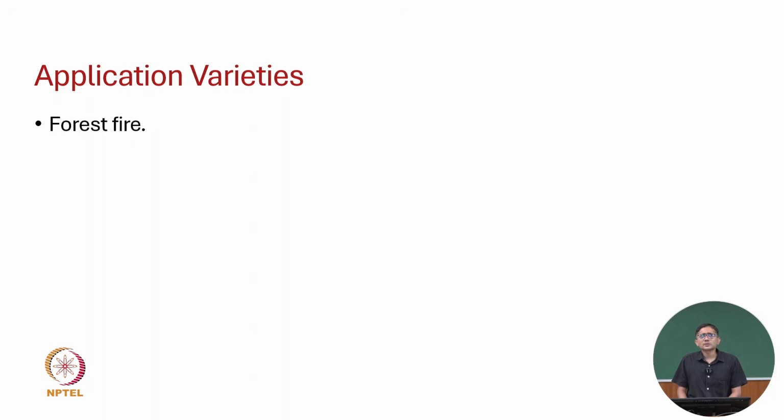There can be also another version of this problem where we are not really talking about an ongoing wildfire, rather we are talking from the statistics of the previous incidents and current land cover.